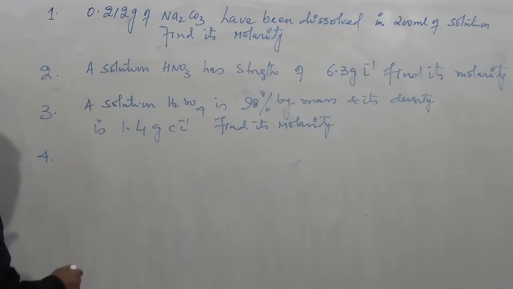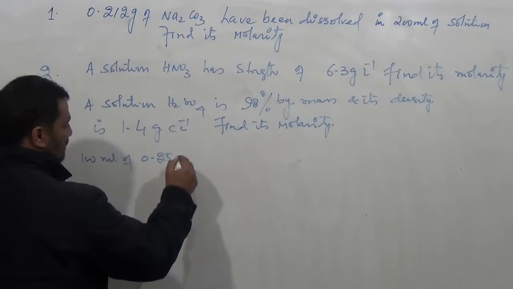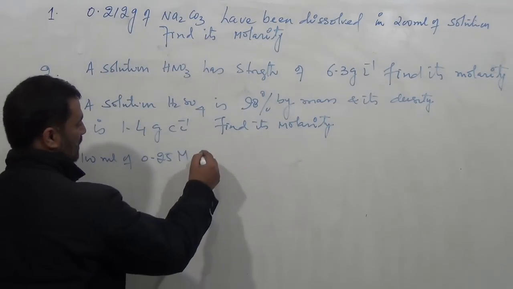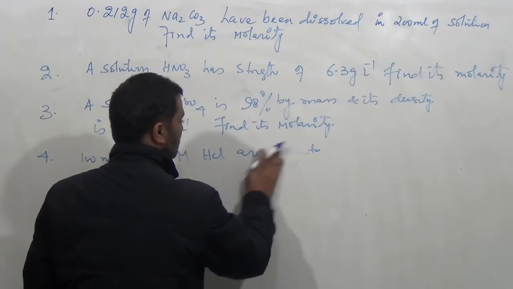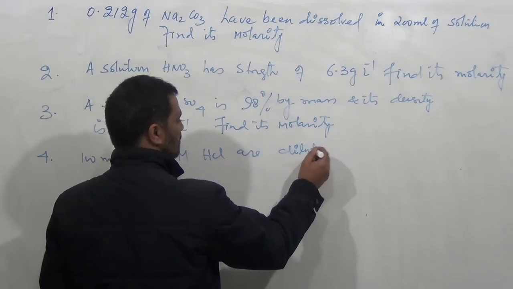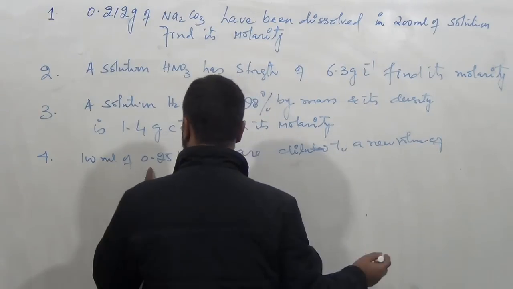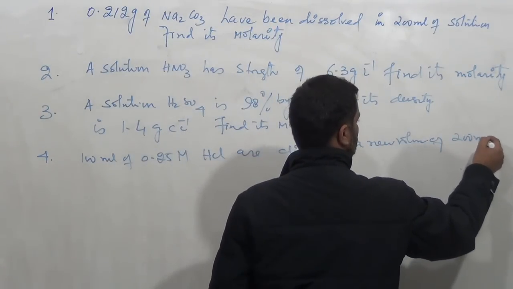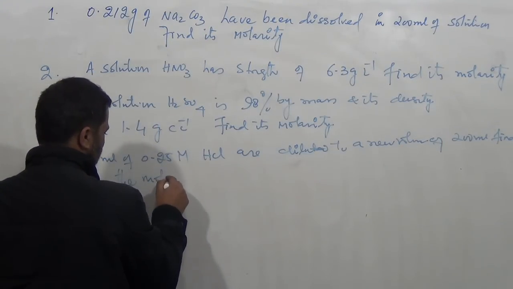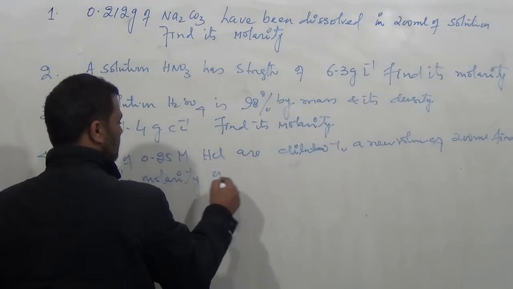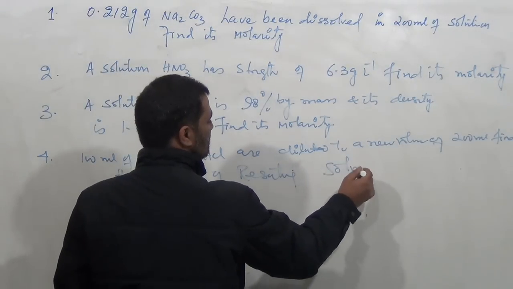Fourth: 100 ml of 0.25 M solution of HCl is diluted to a new volume of 200 ml. Find the molarity of the resulting solution.